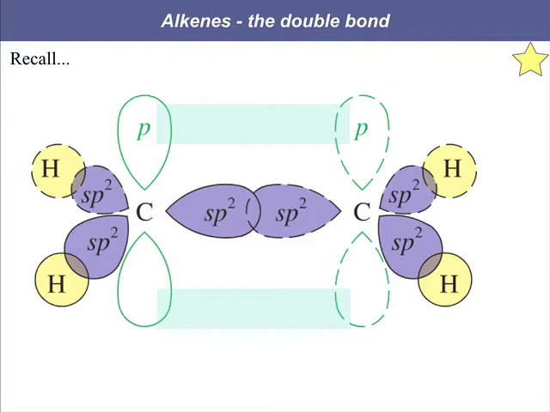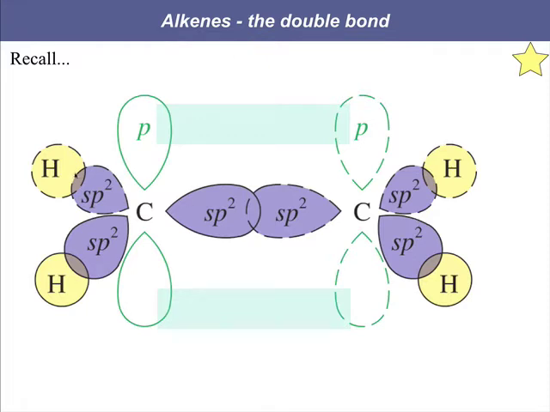Remember that a double bond is formed when you have two unhybridized p orbitals that are adjacent and parallel to each other, overlapping with side-to-side overlap. Here we've got two sp2 hybridized carbons. So one carbon with its three sp2 orbitals, another carbon with its three sp2 orbitals.